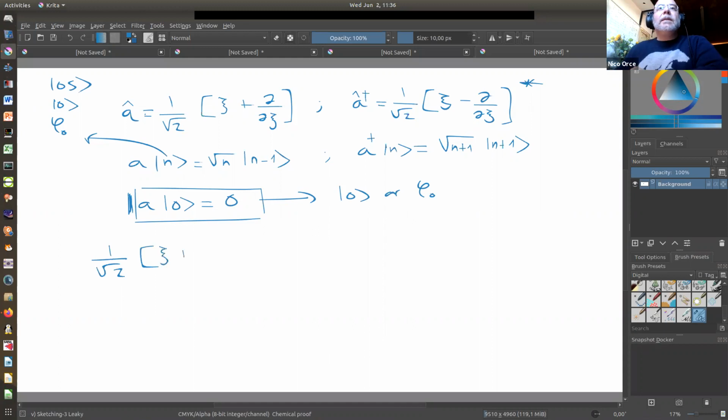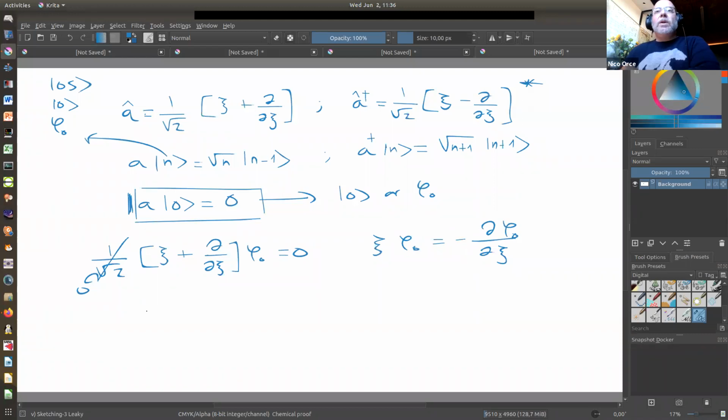So now we apply it, and we have 1 over square root of 2 times psi plus the partial derivative with respect to psi of rho naught is equal to 0. Very simple, right? So this becomes rho naught equal to minus the partial derivative with respect to psi.